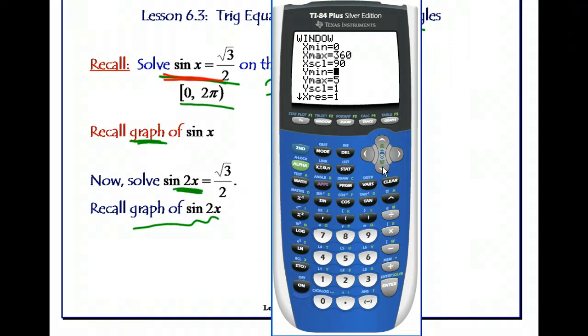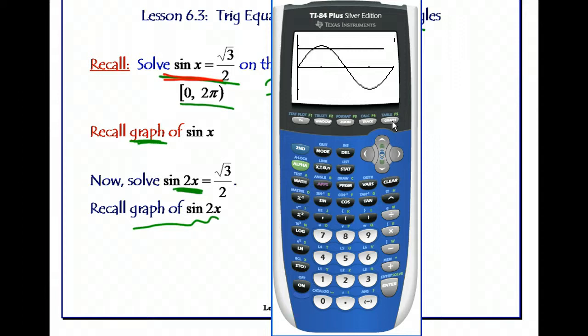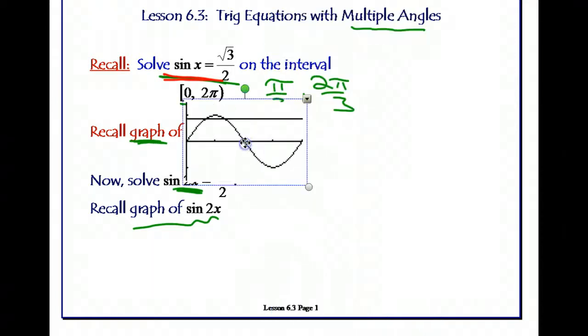And then for our y's, we know sine goes from negative 1 to 1, so let's go negative 1.5 to 1.5. That way we'll get everything to fit on there. Okay, let's graph. Here's our first graph. There's the sine graph, no big deal. And then here comes the square root of 3 over 2.